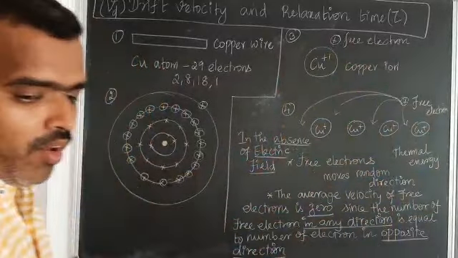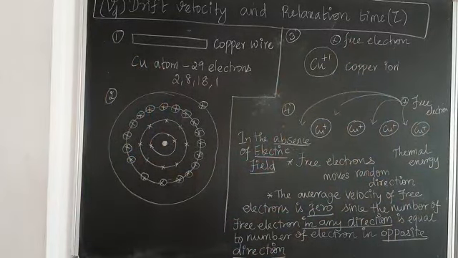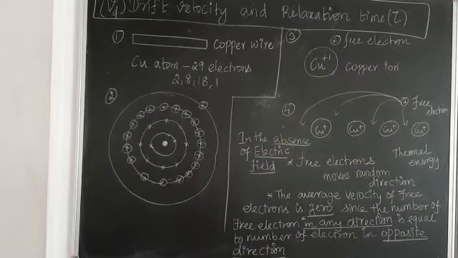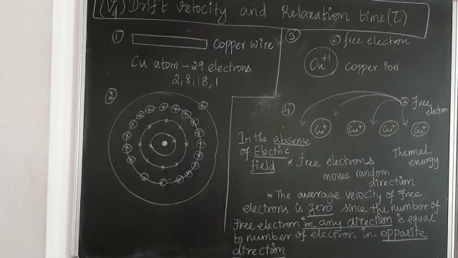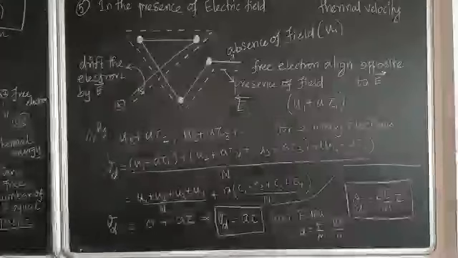Now, what will happen if we apply the electric field? If we apply the electric field, these free electrons try to align with the applied electric field. In the absence of an electric field, the electron moves randomly.